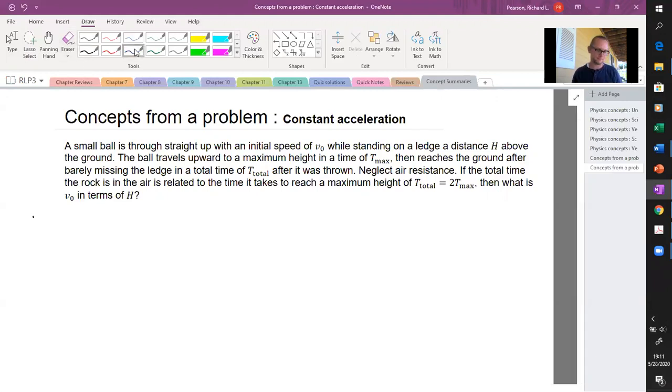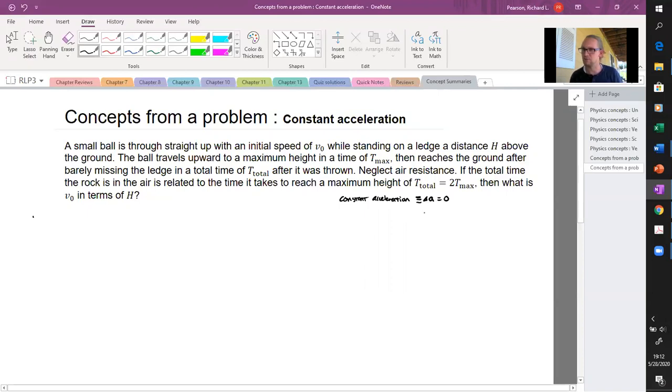So the first thing is constant acceleration, so I guess that's what we need to start with. Constant acceleration means that the change in acceleration is 0. It's not changing with respect to time.